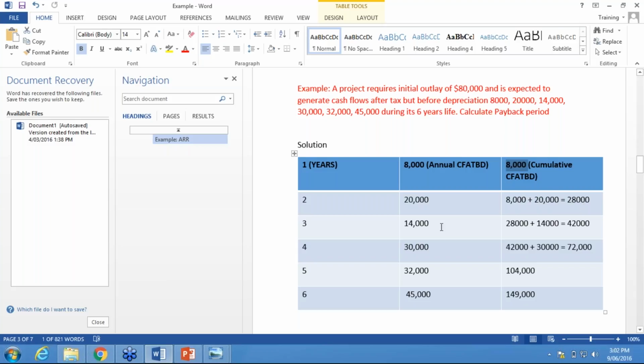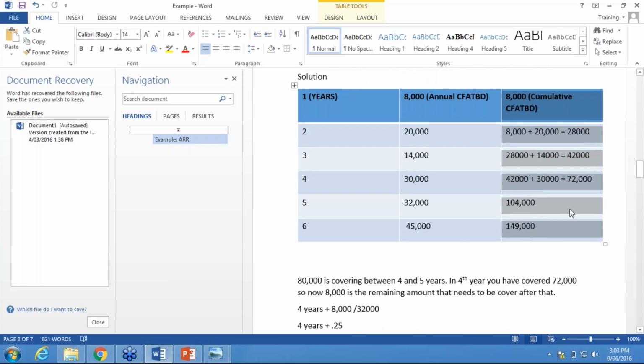So 28 plus 14, that is 42. 42 plus 30, that is 72. 72 plus 32, 104. 104 plus 45, 149. So if I'm talking about the payback period method, and cash inflows are unequal, step number 1, you have to find out cumulative cash flows after tax before depreciation. So first, find the cumulative one.